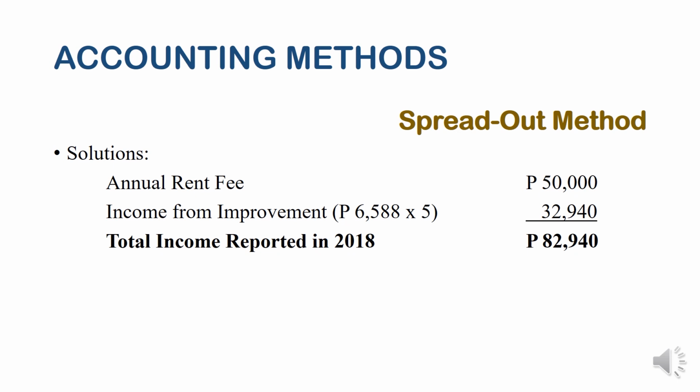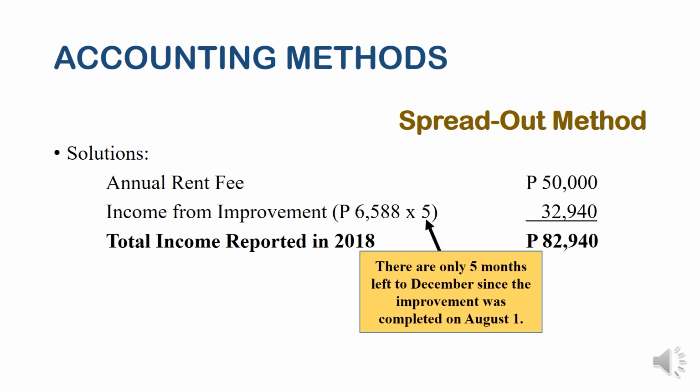Again, in the outright method, we recognize the entire cost or fair value one time, upon completion of the construction of the improvement. Whereas in the spread out method, we spread the estimated book value of the improvement over the remaining life or period of the lease contract.